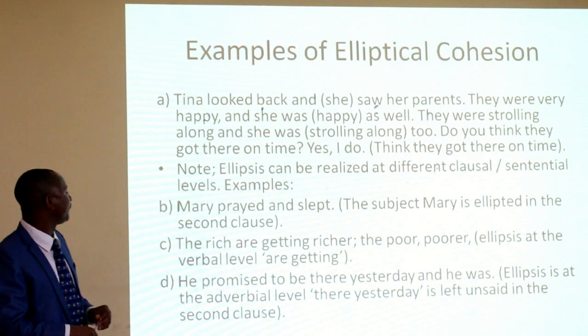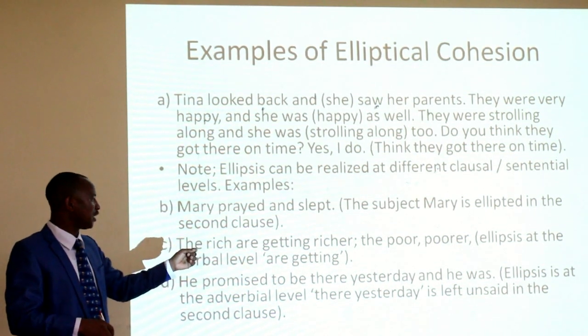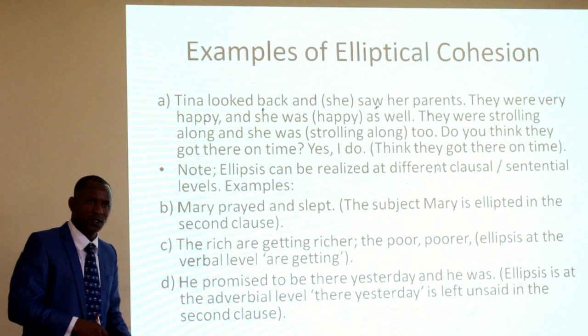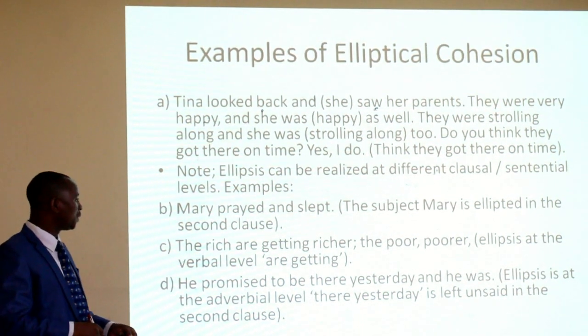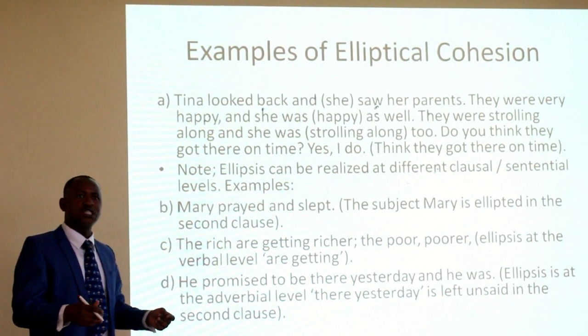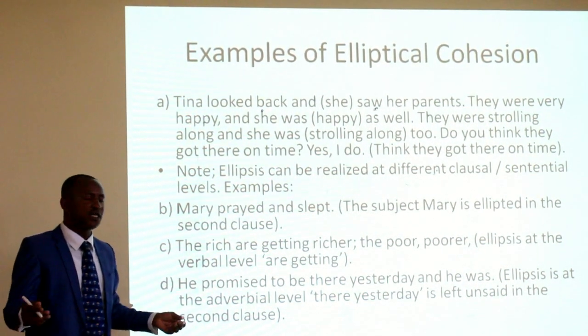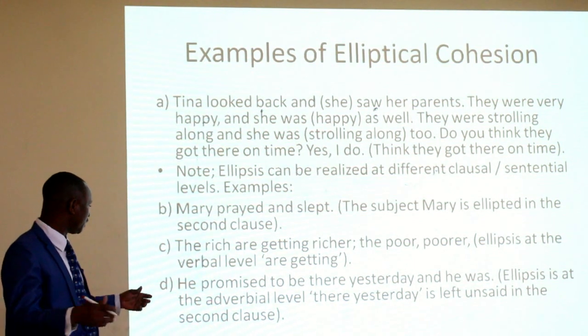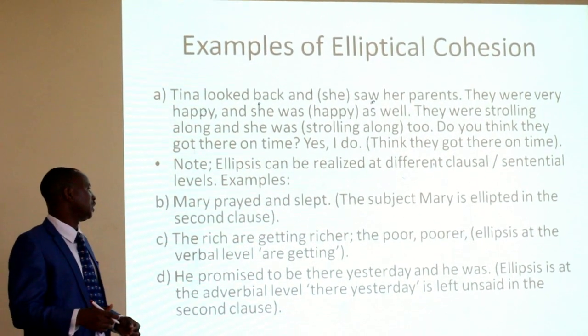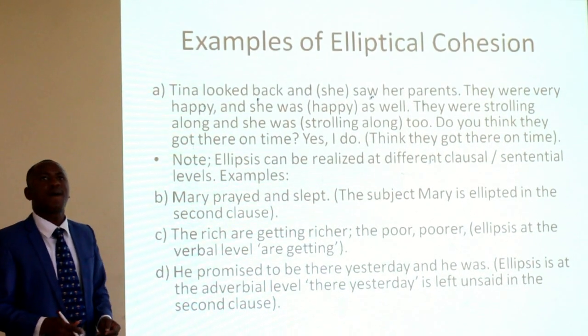One could say, he promised to be there yesterday and he was there yesterday. And if one does so, it sounds redundant. It sounds unnecessarily repeated. So it is very correct to say he promised to be there yesterday and he was.